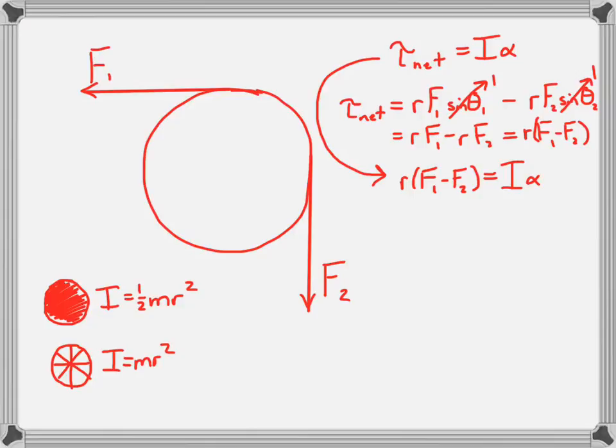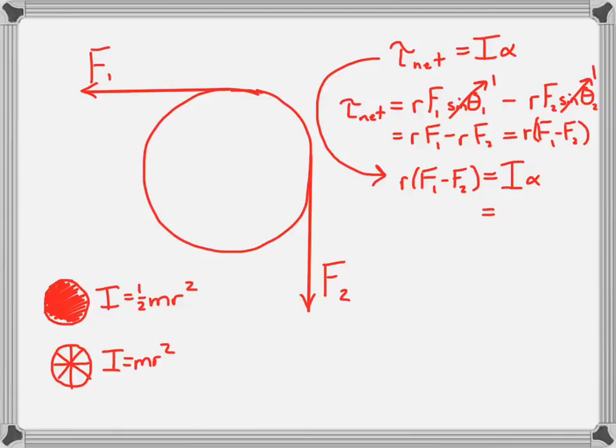Now, I didn't explicitly tell you this in the problem, but as I looked on that diagram, I noticed that the pulley was filled in. So I am actually going to use this moment of inertia in the video. I didn't remember that fact in class, so I actually used the other one in class. So if you took pretty good notes and are just confirming, just realize that I am now going to use this moment of inertia here in the video.